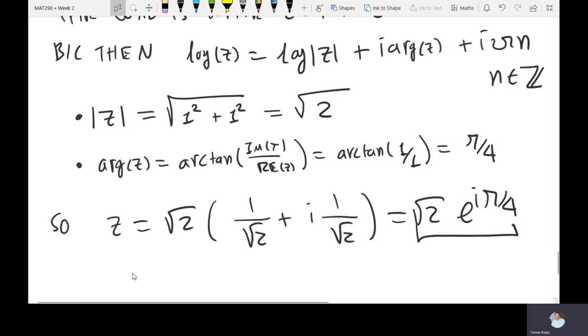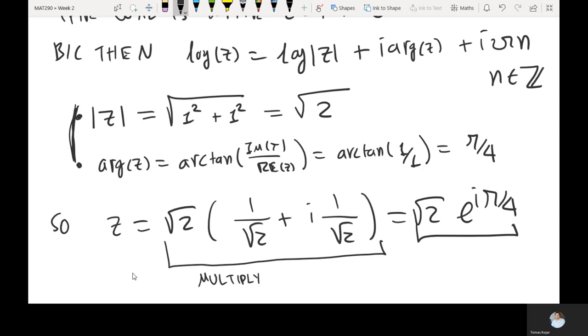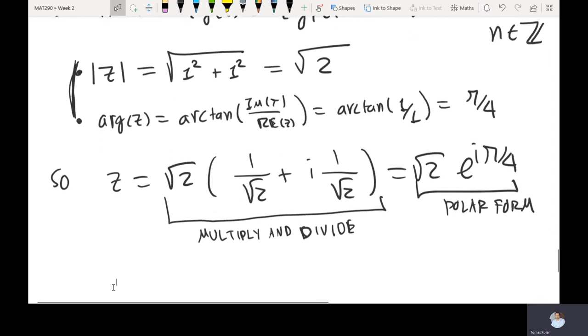So there's two ways. Either you find modulus and phase, or you try to do some trick where you multiply and cancel, and divide. Either way is fine, as long as you get z into the polar form. All right.